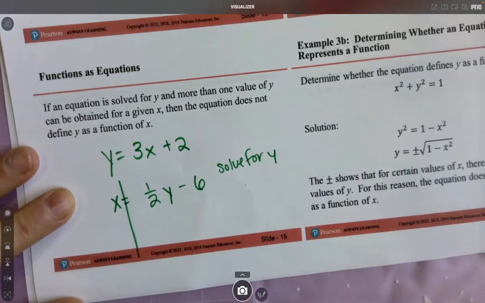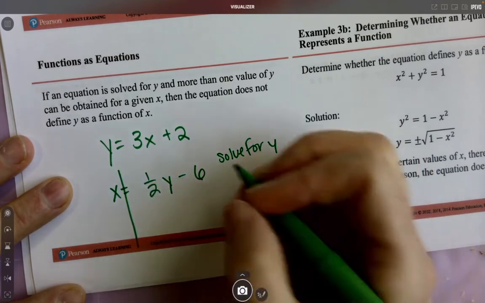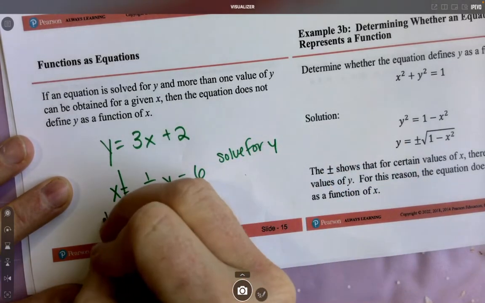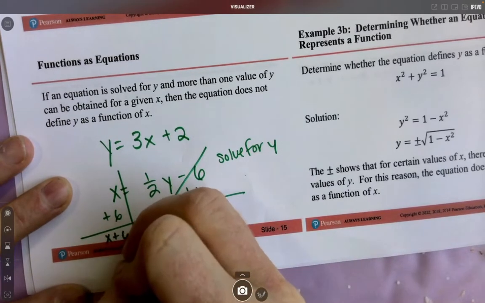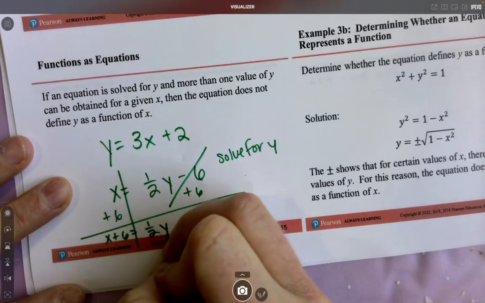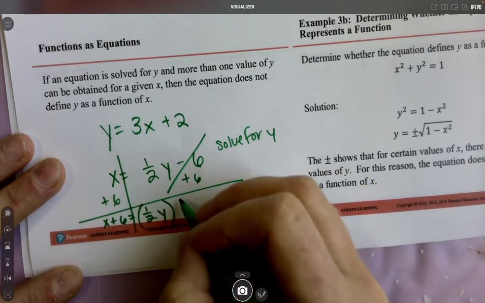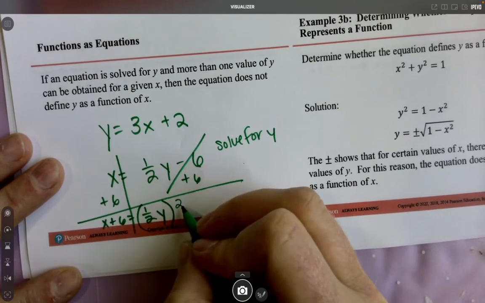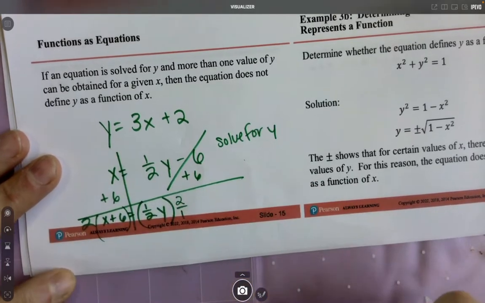So to solve for y, I would need to get this 1/2 y by itself by moving this minus 6, so plus 6. And I get x plus 6 equals half y. To get rid of something times a half, I would actually multiply by 2 over 1, which is called your reciprocal, which really means I'm just multiplying by 2.